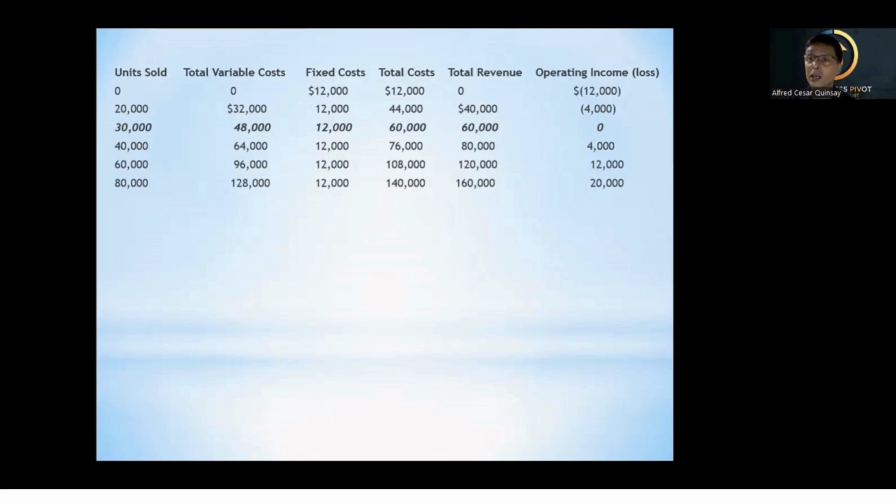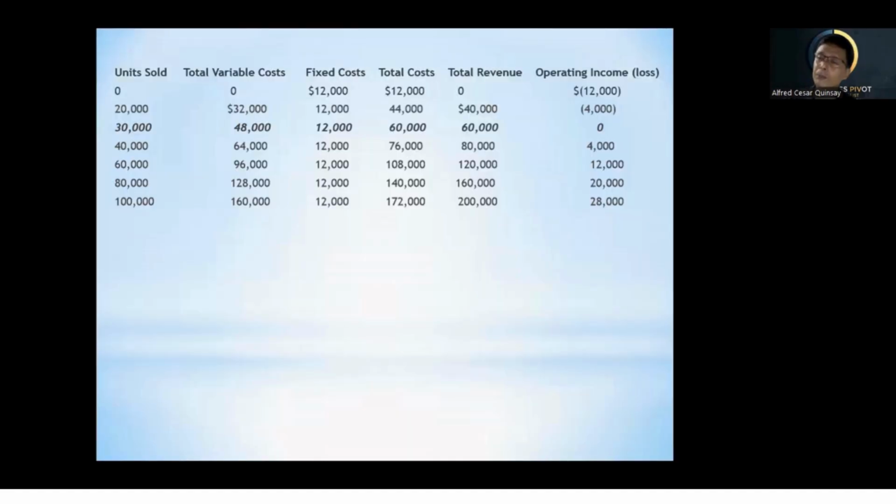So ganun rin pagka another increase in units sold for 80,000, you can see that the operating income is increased by $8,000. So mas maliit, no? What's the reason here? Now, at 100,000, you can see that their operating income is only $28,000.